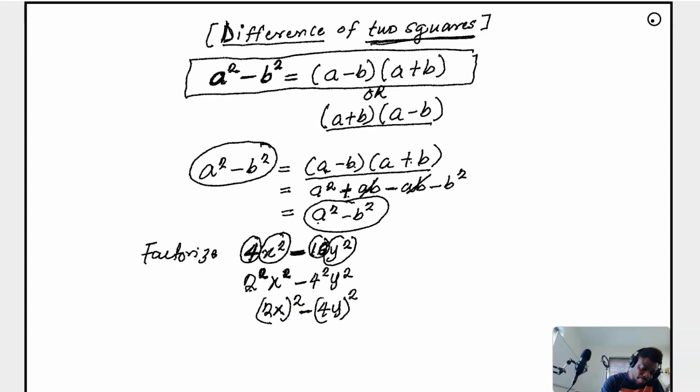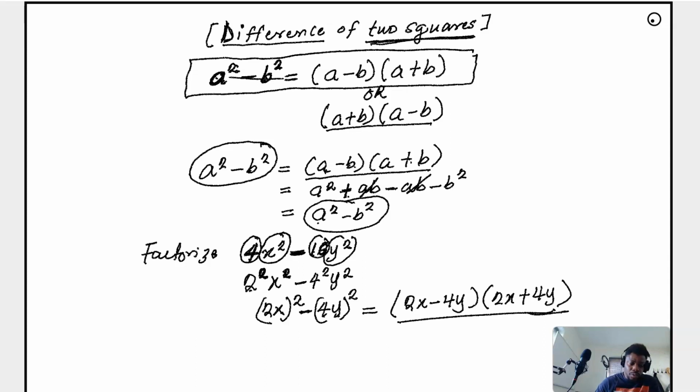This 2x is the same thing as a, and this 4y is the same thing as b. So 2x all squared minus 4y all squared is the same thing as 2x minus 4y, then bracket 2x plus 4y. Easy. I have used difference of two squares for that.